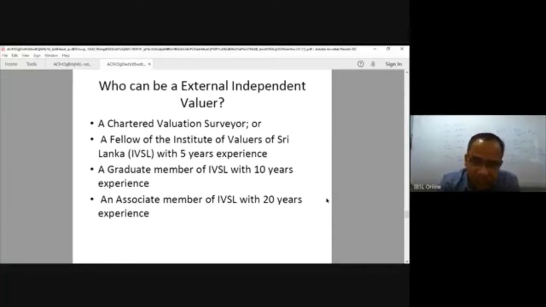A chartered valuer surveyor, or should be a fellow of the Institute of Valuers of Sri Lanka with 5 years experience, or a graduate member of the Institute of Valuers of Sri Lanka with 10 years of experience, or else an associate member of IVSL with 20 years of experience. This is the minimum requirement for a valuer, right? An external independent valuer means they must have at minimum this qualification.